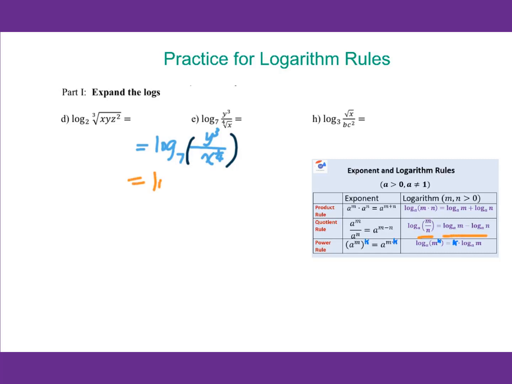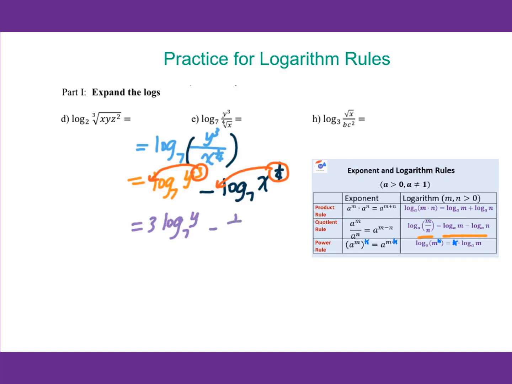Therefore, we got log base 7 of y to the third power minus log base 7 of x to the 1/4 power. Last step, drop down the exponent. So we got 3 log base 7 of y minus 1/4 log base 7 of x.